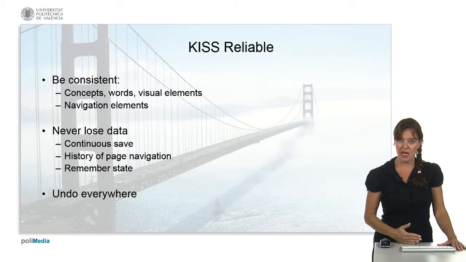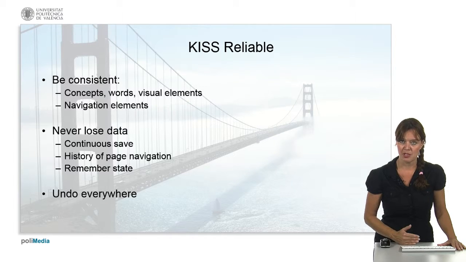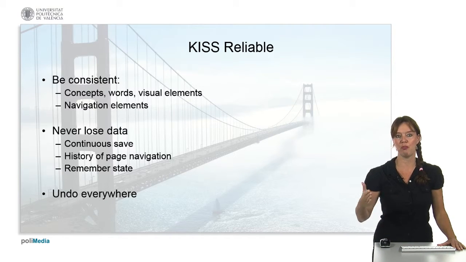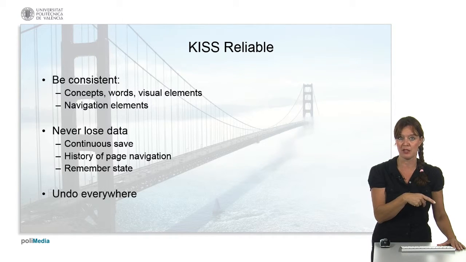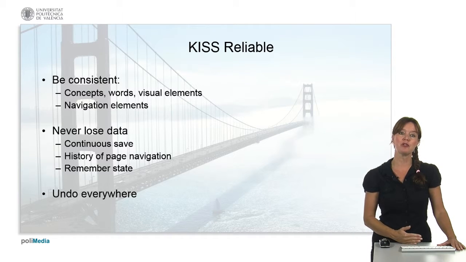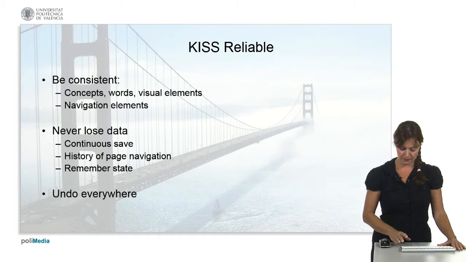Continuously save data that the user has input in your system. Never lose history data, such that a user can easily see the history of page navigation that he or she has done. Maybe he wants to go back to a previous state, so remember this state. And make sure that the user can undo everywhere. Make the user feel that the system is reliable.